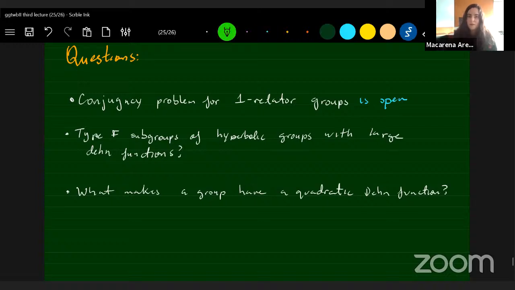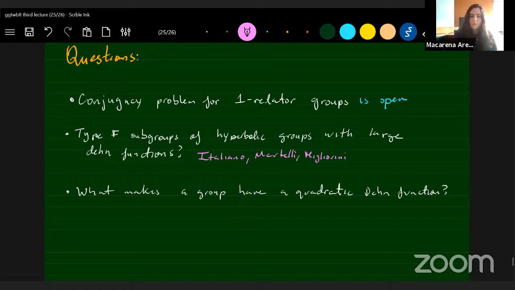It might be that this has already been settled because there is a very recent paper on the arXiv from like 2 weeks ago by Italiano, Martelli, and Migliorini, where they produced an example of a hyperbolic group with a type F subgroup that is not hyperbolic. So that would give examples of subgroups of hyperbolic groups that have large Dehn function and have nice finiteness properties.